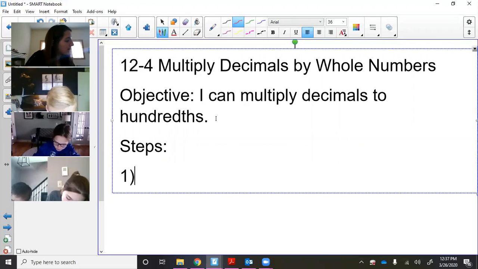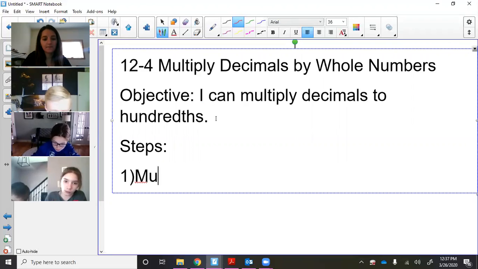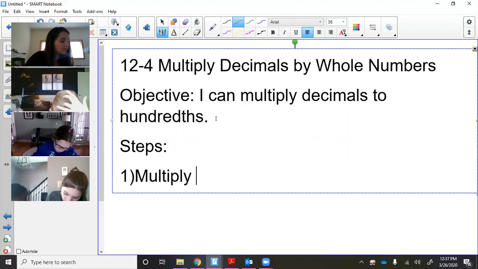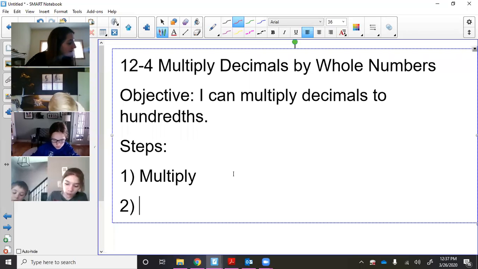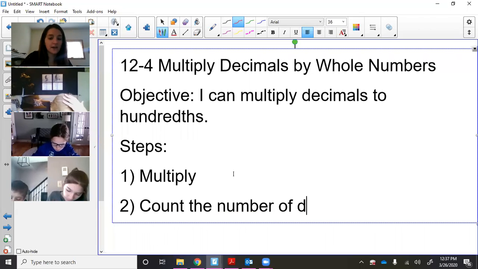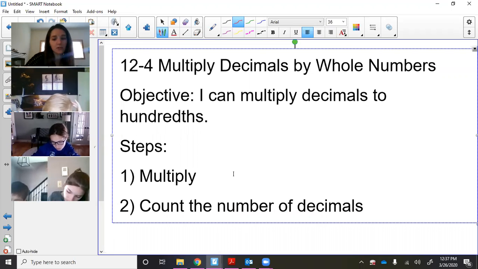The first step is multiply, which we all know how to do. And then the second step is count the number of decimal places.